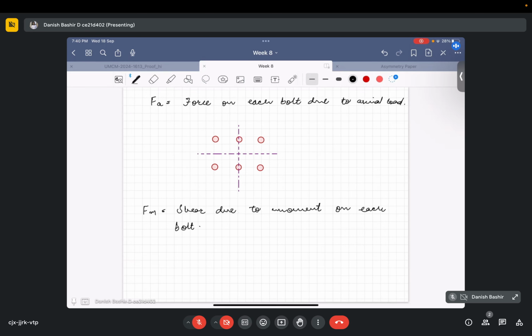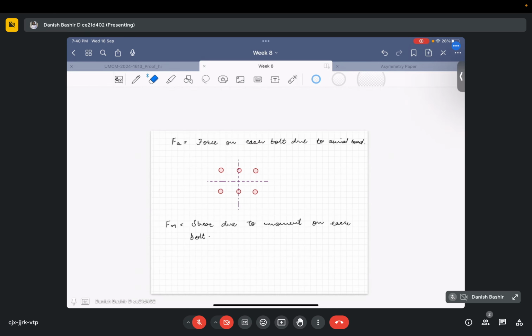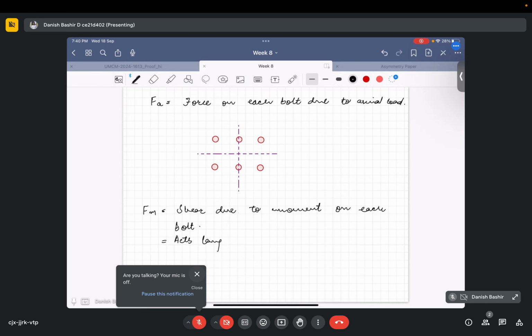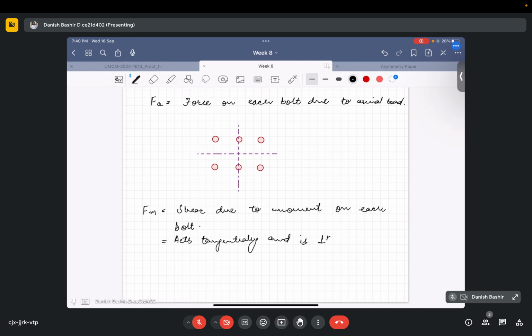And the nature of this shear force on each bolt is such that it acts tangentially and is perpendicular to the radial direction.